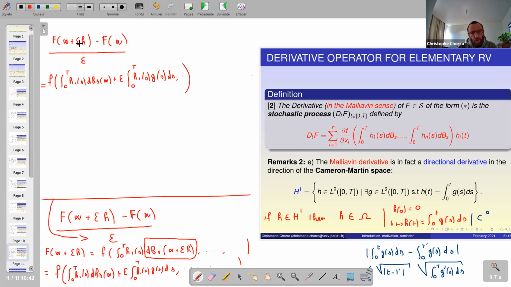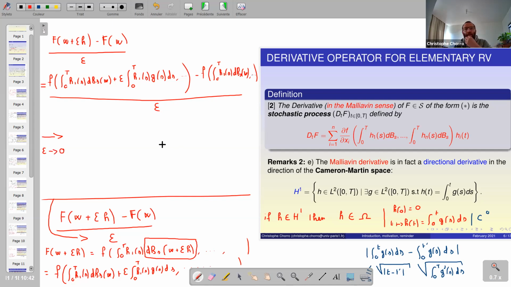It's the term f of w plus epsilon h minus f of w, that is simply the term with the Wiener integrals, over epsilon. And my aim is to study the limit of this one when epsilon goes to 0.